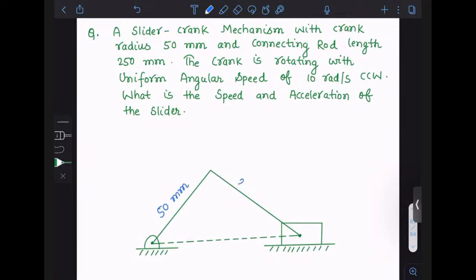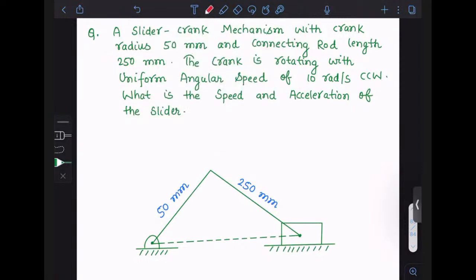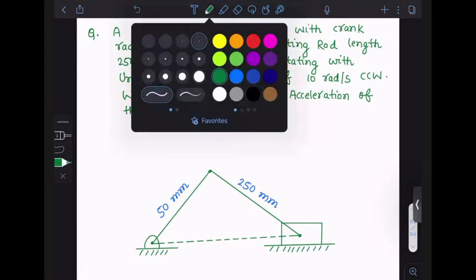This is your 250 mm. This is your omega. This is the crank. This is the diagram, right? And it is moving with omega in this direction.